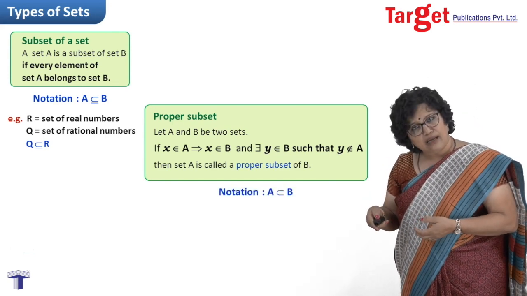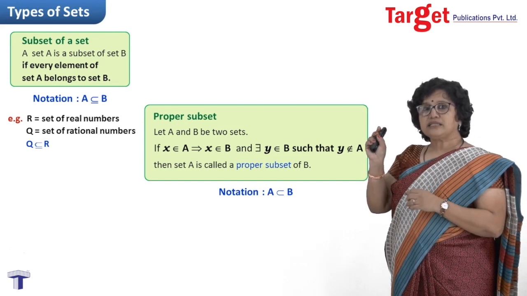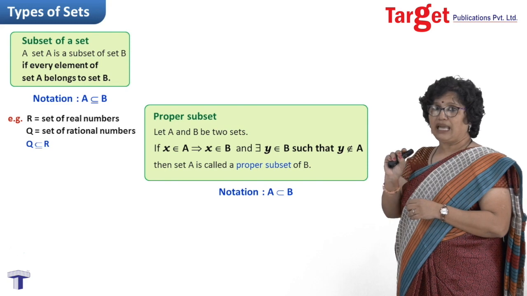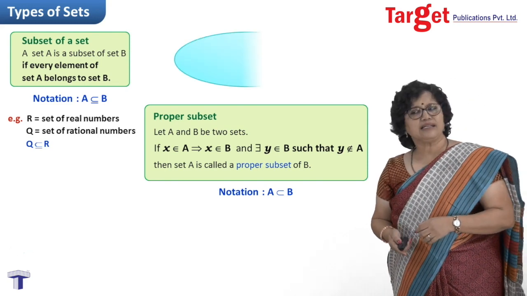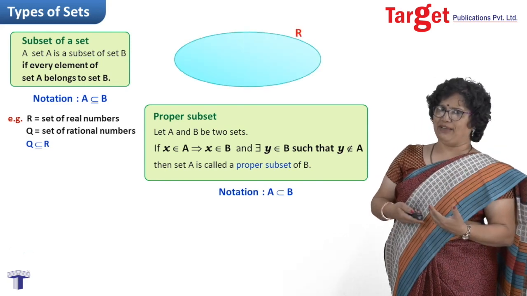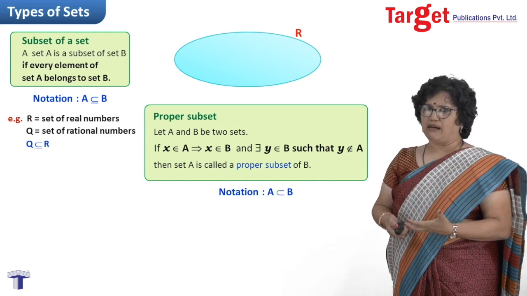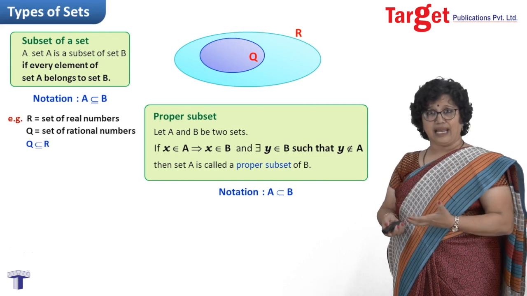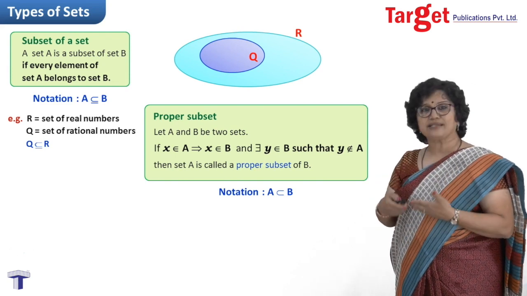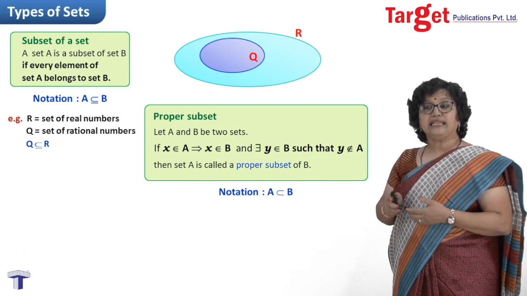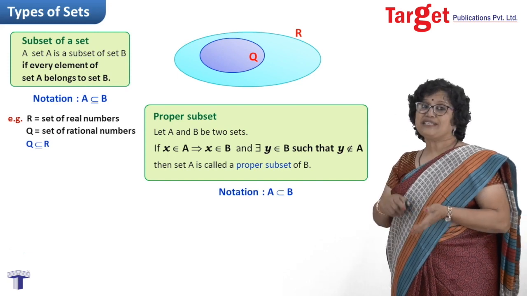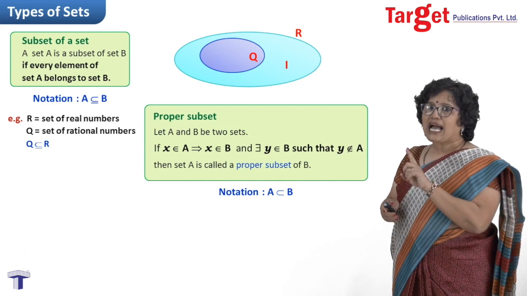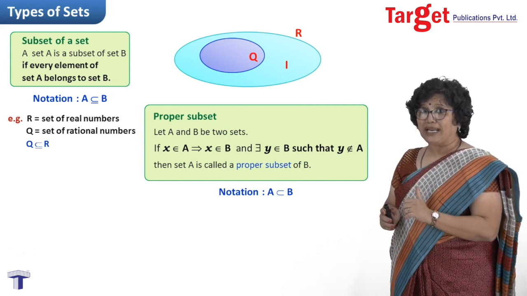Now, the notation is similar, just that C kind of symbol I have written there, with no horizontal line. Now, let us take an example similar to the previous one. I show set R as the set of real numbers. All the rational numbers are contained inside, so set Q is completely inside R. And there is something extra which is outside Q, which I am showing as I. Please do not mind, I am writing this for irrational numbers, not integers.